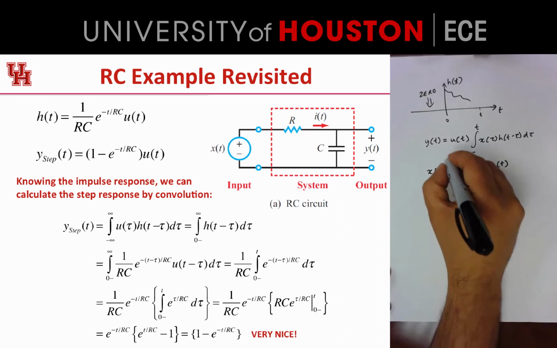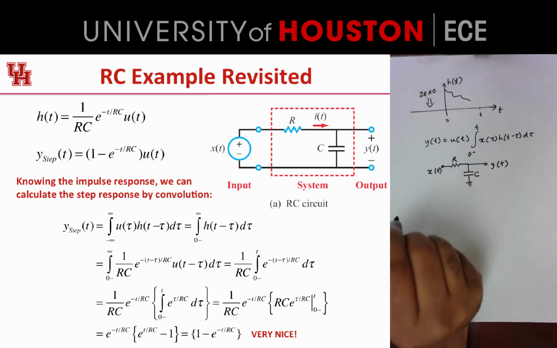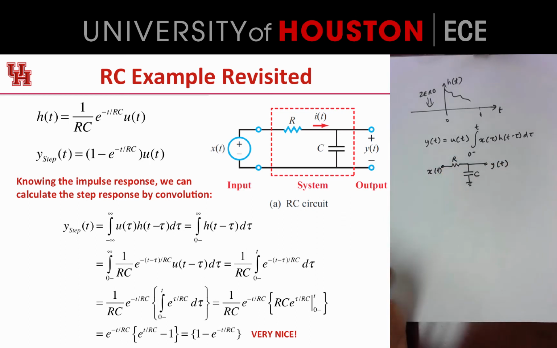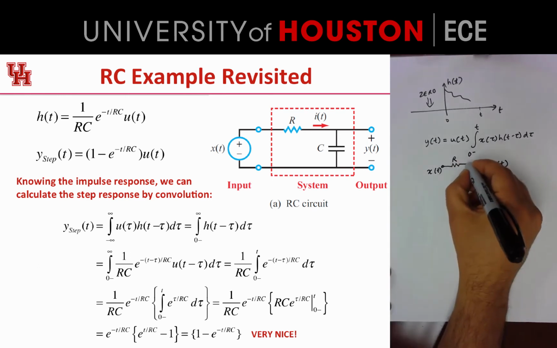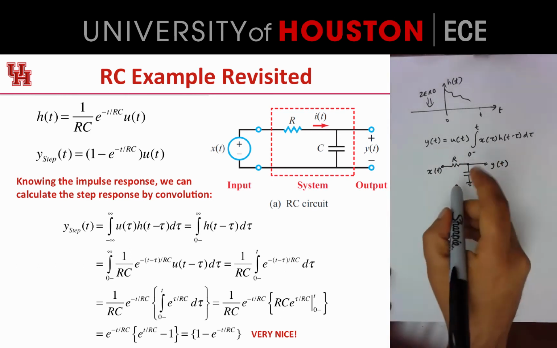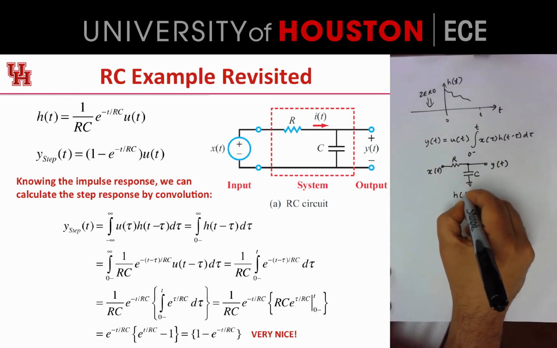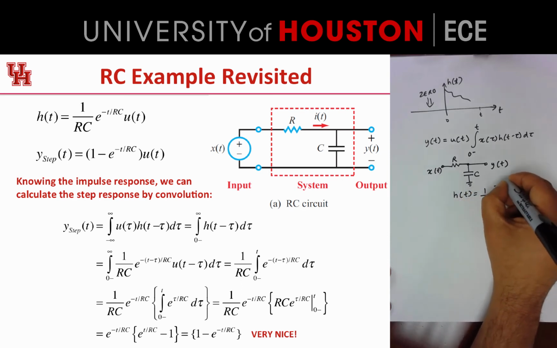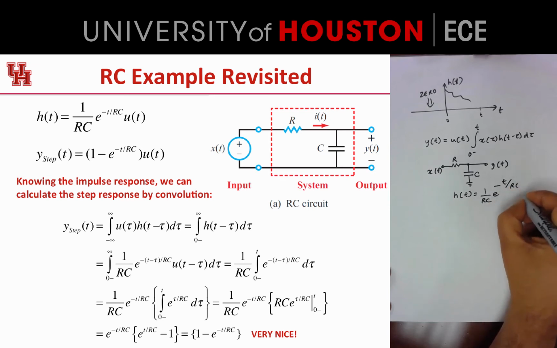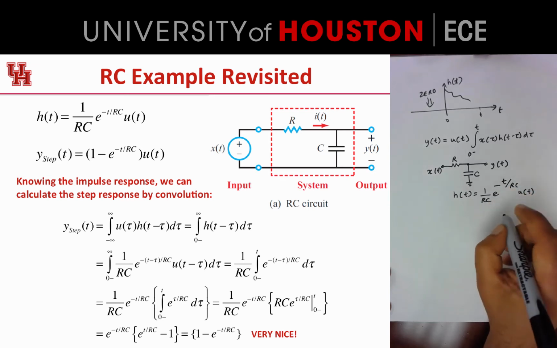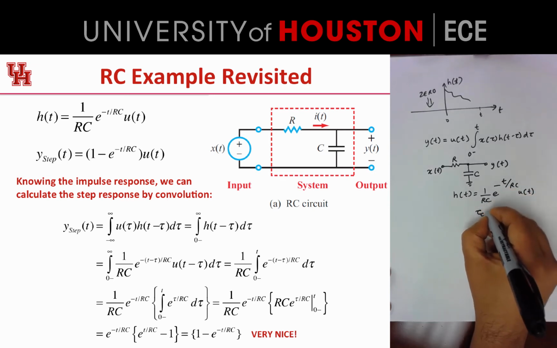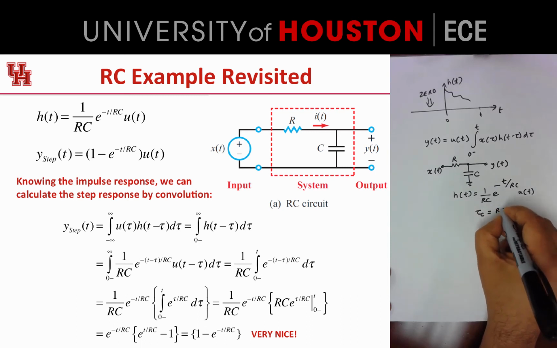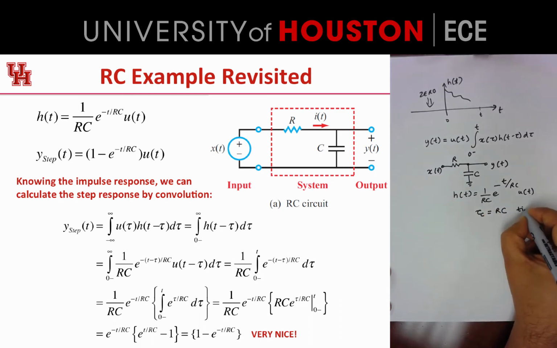This is R, and this is C. We know the impulse response of this circuit. We calculated that in the previous lecture. So h of t is 1 over RC e to the minus t over RC times the unit step. And we also had the notation tau c equal to RC. This is called the time constant.